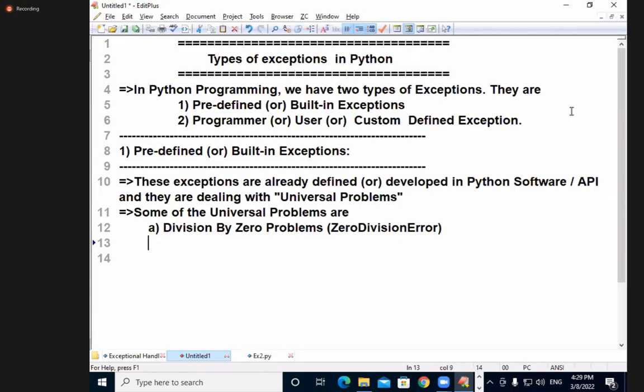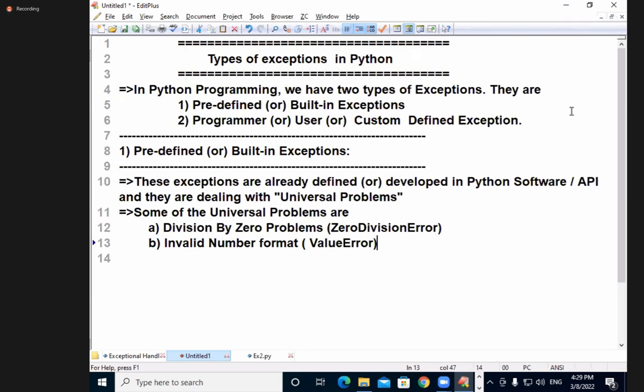Next I'm going to take one more kind of thing. Invalid number formats, trying to convert into a valid number format. You are going to get which type of error, my dear students? Value error.